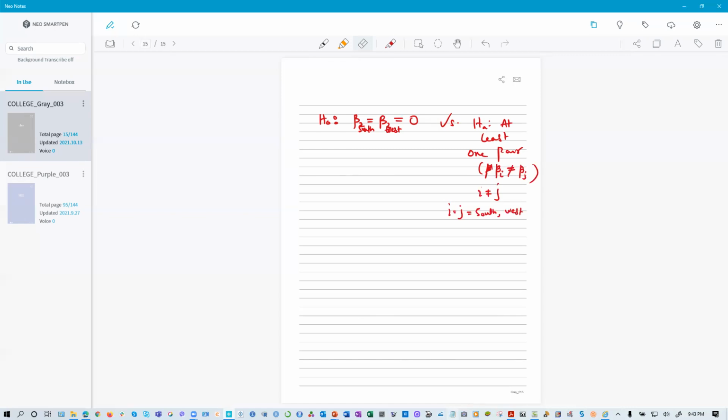Since here we have only two, we can simply say this beta is not equal to that one. But normally, when you have more than that, we write that at least one of them is not equal to 0.